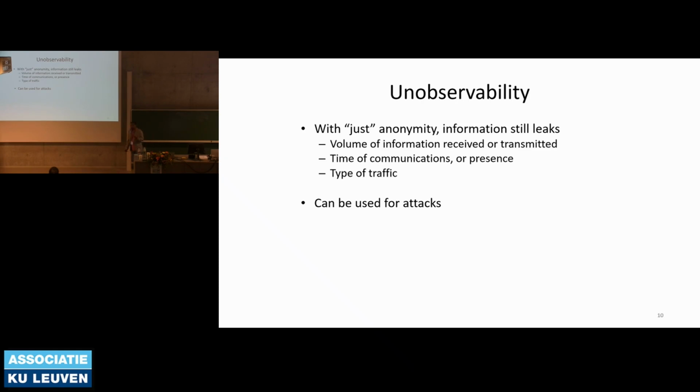And then unobservability is a much stronger notion, where it's not just anonymity. Even if you hide those information, hide those links, still you can see that at this time, at 7:30 p.m., this transaction happened. After the transaction has happened, you can see that probably the transaction has some amount.